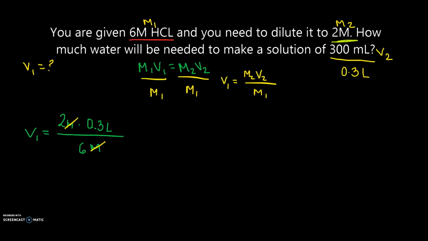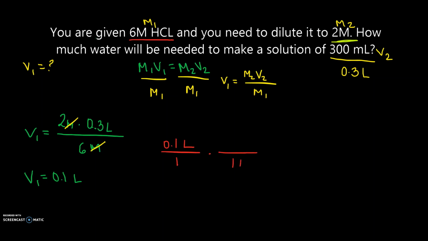And the molar will be able to be crossed out, so that we'll be left with the liters. So V1 will have an answer of 0.1 liters of the HCl, with water added if you want to dilute it. In the equation, you could also use milliliters.